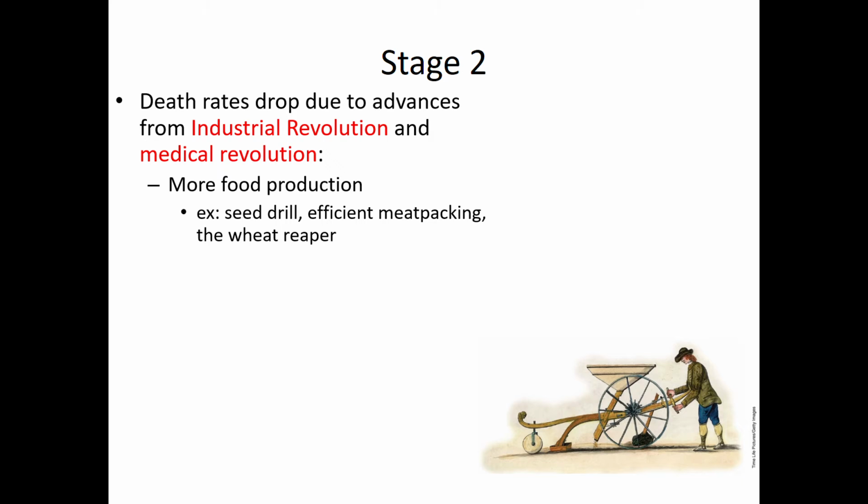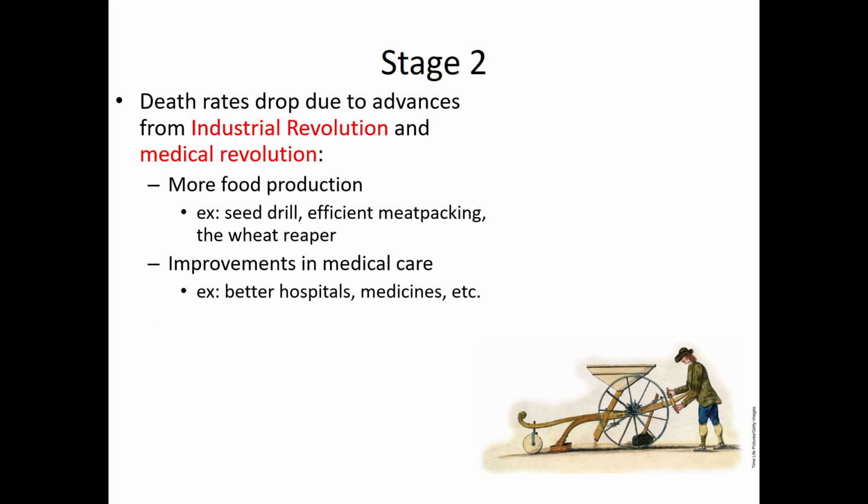Used to be that you'd have to cut your wheat in a field by hand and do it quickly. This required lots of labor, made wheat more expensive. Instead, if a machine can do it for you, like Chicago's McCormick wheat reaper, then you can plow a whole field in a day or two and have more wheat more cheaply. So again, more food equals more healthy people, which means less deaths.